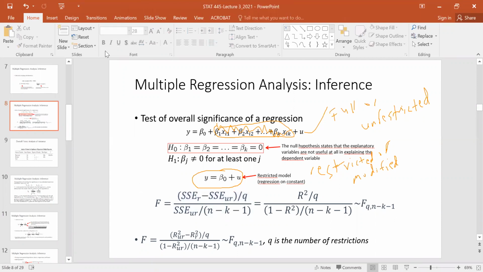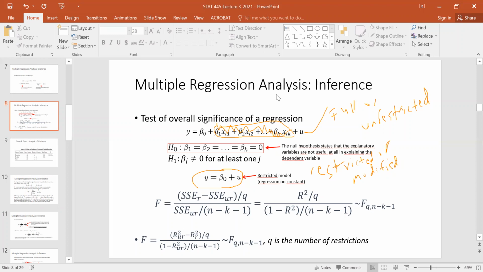Okay, so let's continue. Over here, the F statistic is set up so that if F is big enough compared to the critical value, we reject H naught and say no, at least one of the regressors is actually useful.